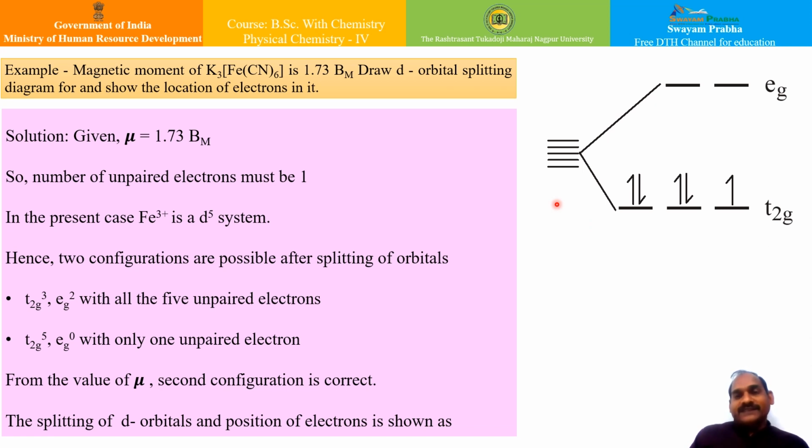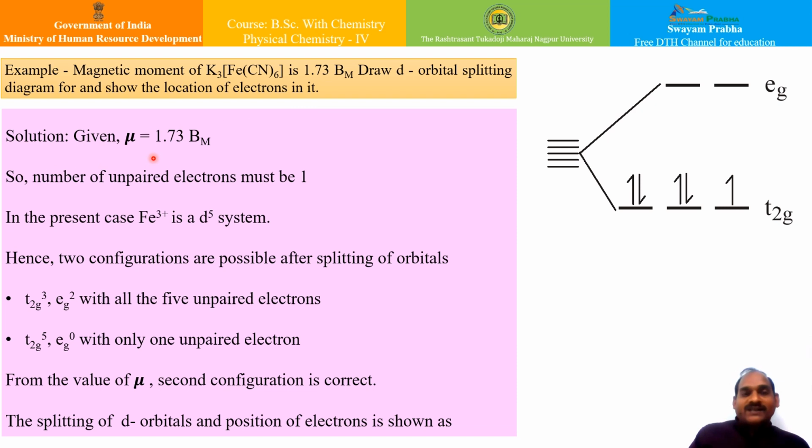Let us see one last numerical here. Now the magnetic moment of this particular complex is 1.73 Bohr magneton. Now we need to draw the d orbital splitting diagram for this complex and show the location of electrons in it. Now what is given actually?